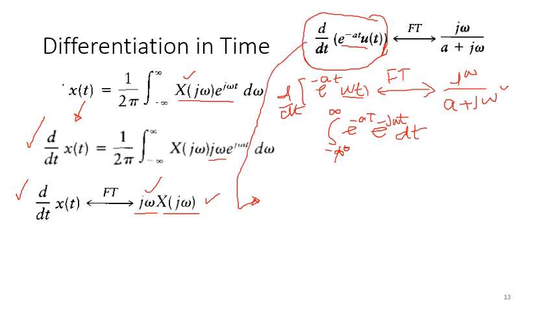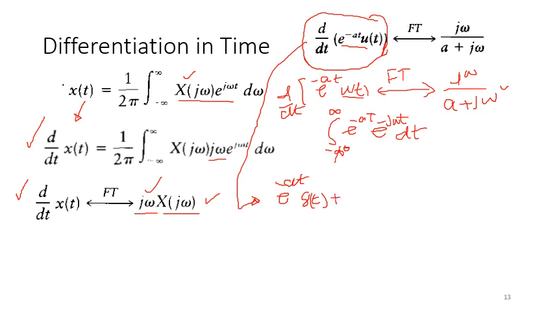So we have two functions that are multiplied, so you know the product rule for differentiation. First function into the derivative of the second function plus second function into the derivative of the first function. The first function is this one, into the derivative of the second. If you recall, the derivative of the second is basically an impulse, because a step function, if differentiated with respect to time, gives you the impulse function.